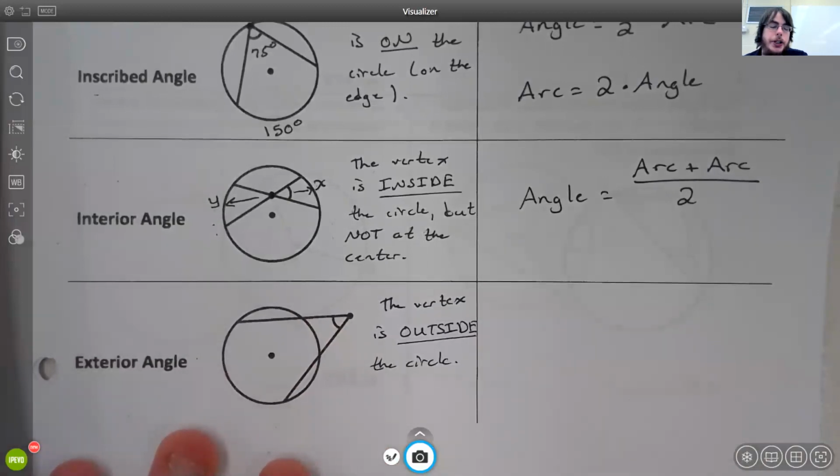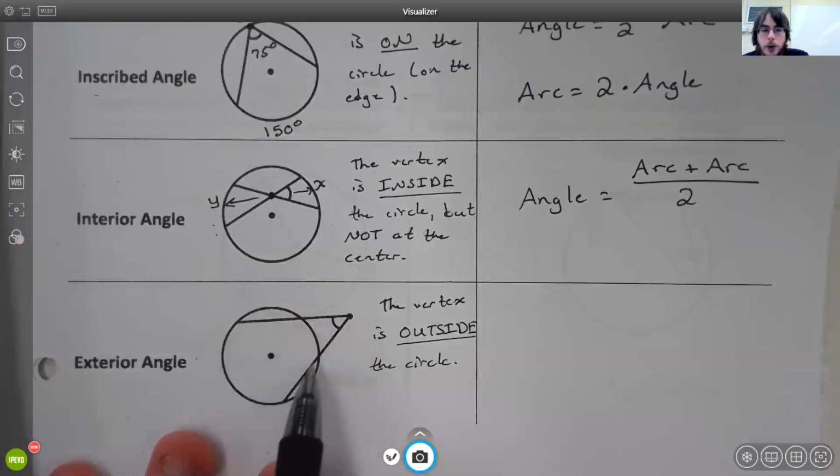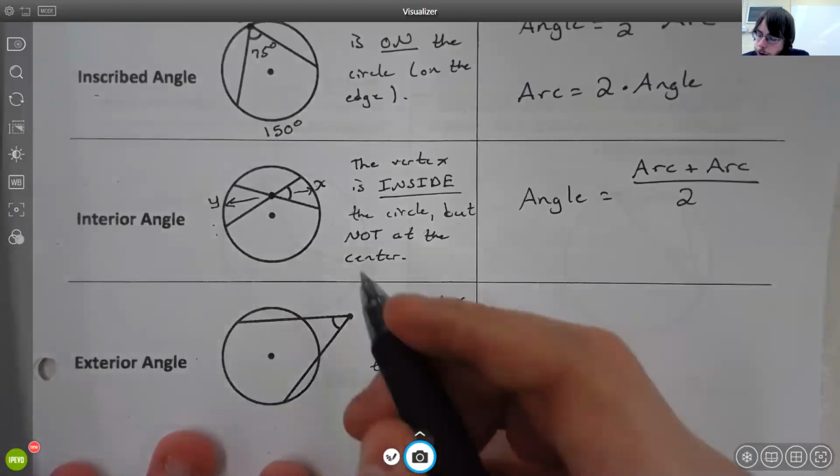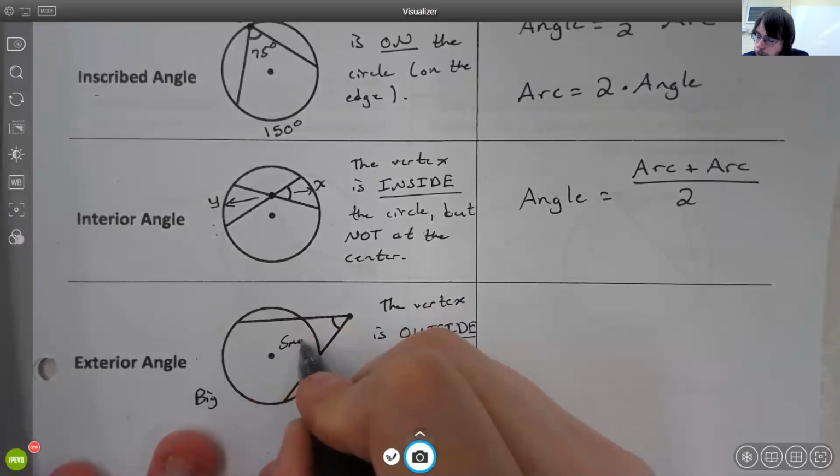And just like the interior angle, this requires two different arcs, the ones formed by the intersecting lines that the legs of the angle are made of. So here you've got a big arc and a small arc.